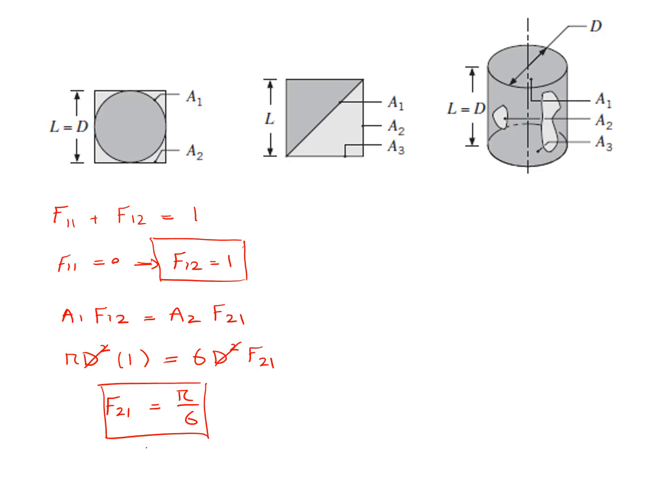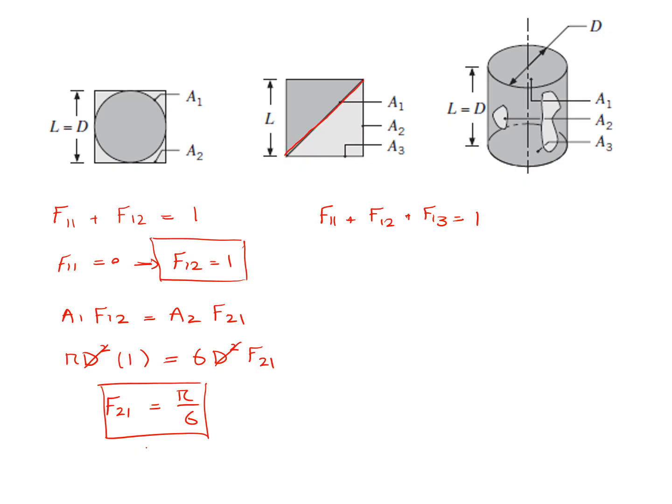Now I move on to the second shape. In the second shape, again, I want to calculate f12 and f21. This is area 1, and 2 is the one on the right-hand side. So again, I'll start with my easy relation, f11 plus f12 plus f13 is equal to 1.